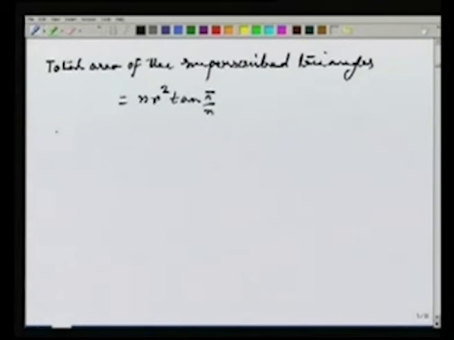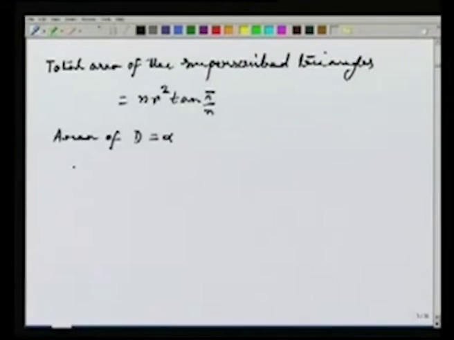Now let us assume that area of D is equal to alpha. Our intuition suggests that if some such alpha exists, then this should be true, that n r square sine pi by n into cosine pi by n is less or equal to alpha, because the left hand side represents the total area of the inscribed triangles.